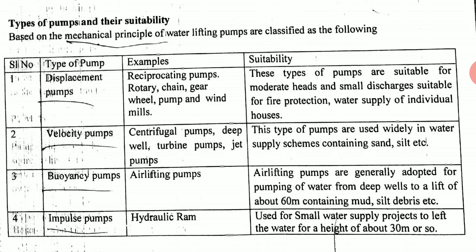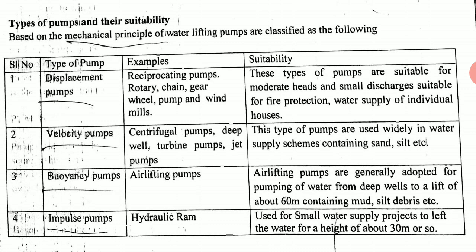As per the table, serial number 1 is the displacement pump. Second is velocity pumps. Third is buoyancy pumps. Fourth is impulse pumps. These are the four types of pumps: displacement pumps, velocity pumps, buoyancy pumps, and impulse pumps.